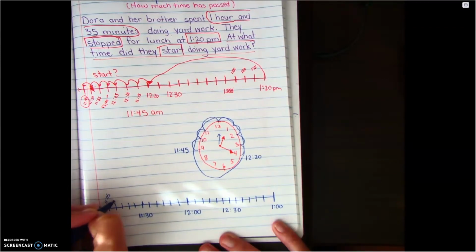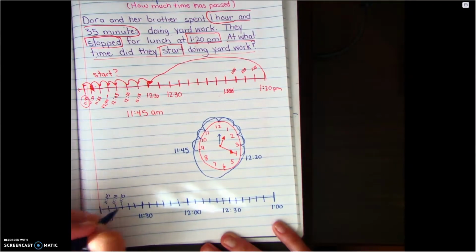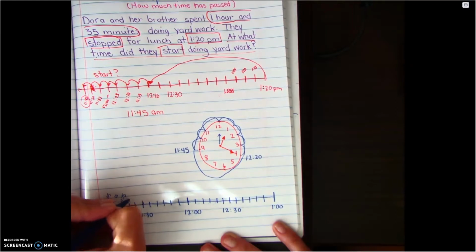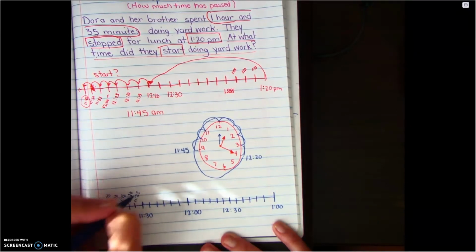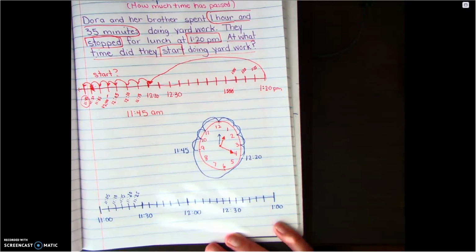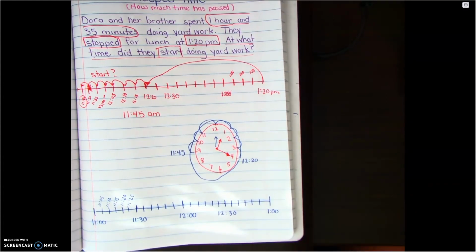This is 11:10. This is 11:15. This is 11:20. 11:25. Now, if we start writing our numbers on each of the lines, it gets a little messy, so I would just recommend doing your big numbers and then making sure that you count by fives here. We'll be practicing some more of those story problems together.